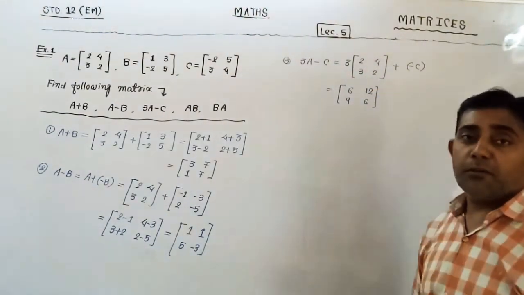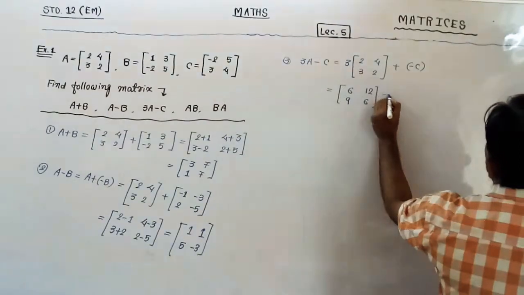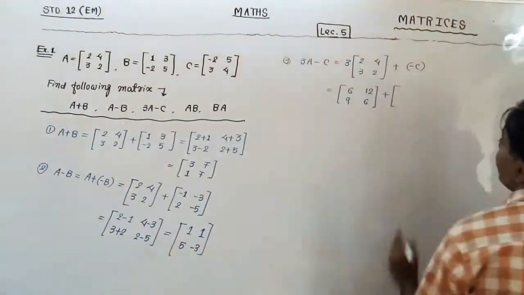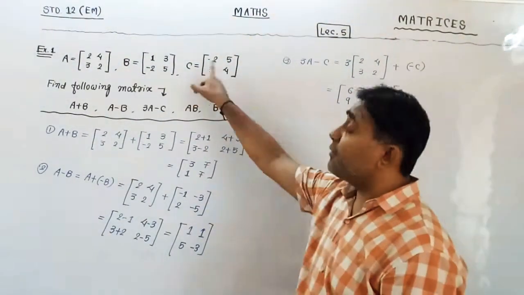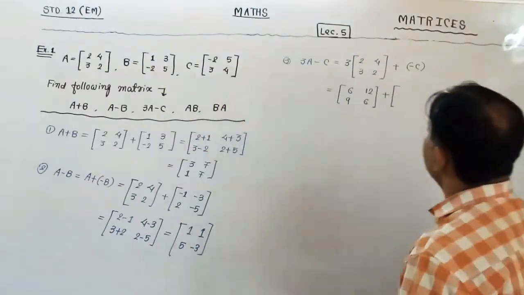See, it's very easy. Plus minus matrix C. Minus matrix C means multiply it with a negative sign.